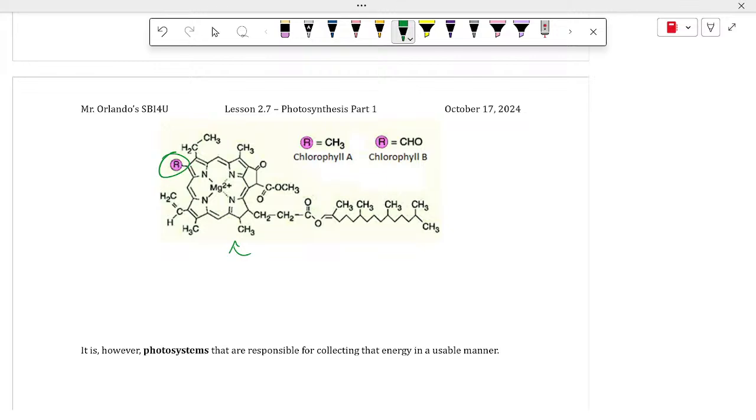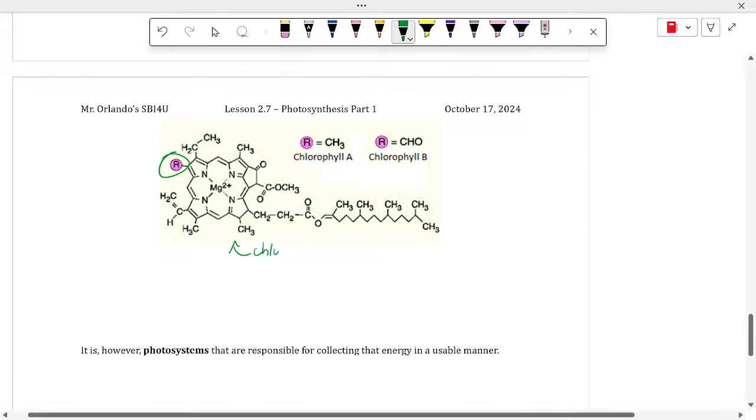Yeah, it's a carbonyl group. Great. So this is chlorophyll. It's chlorophyll pigment, which is embedded in the photosystem proteins.